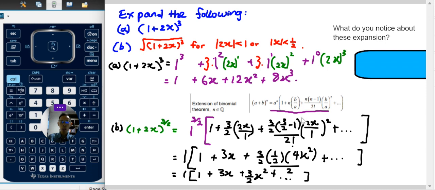It does not stop, because there is n minus 1, n minus 2, n minus 3, and n is not a whole number. So this process will never get to a point where n minus 1 is equal to 0, or n minus n is equal to 0. Here we never get to that case, so it will keep continuing.